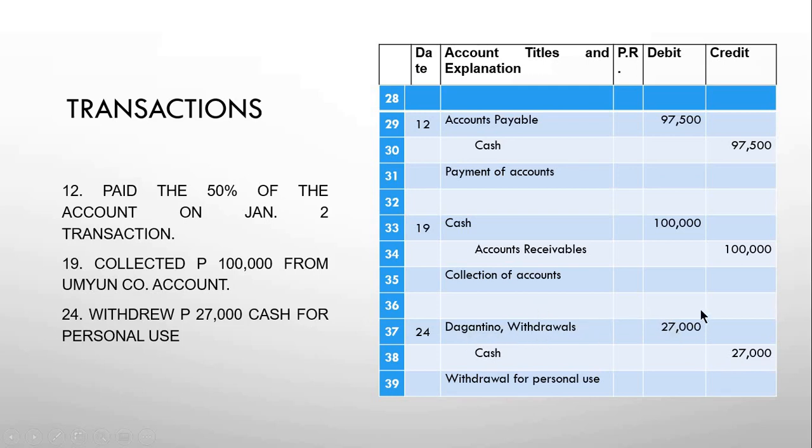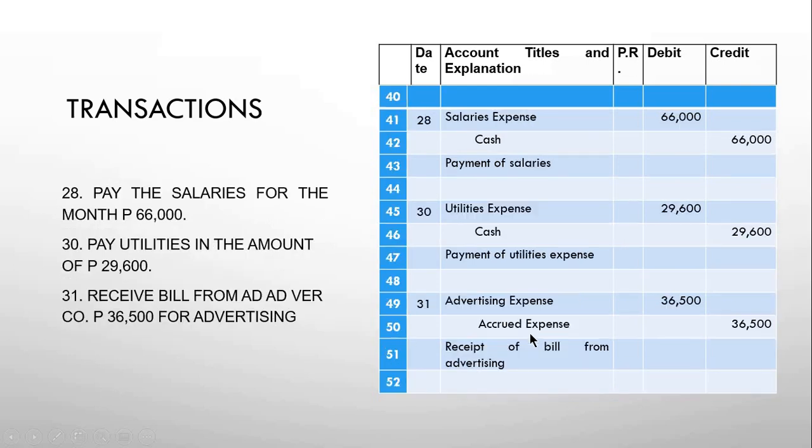Okay? 27,000. Explanation, withdrawal for personal use. Etong withdrawal or drawing account that has a normal debit balance. Kumbaga, that's a contra capital account. Okay? So, may normal debit balance siya. Lalaki siya kasi nga nag-withdraw man yung owner. So, we debit the Gantino withdrawal.